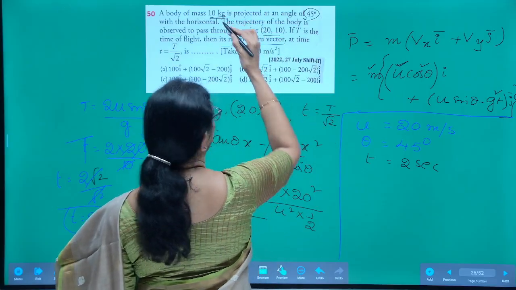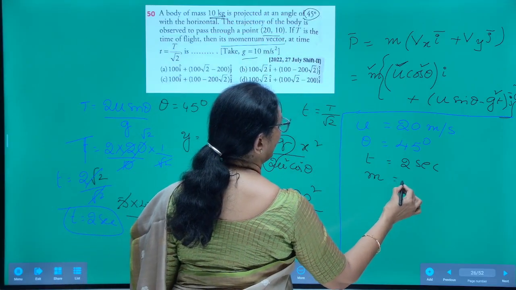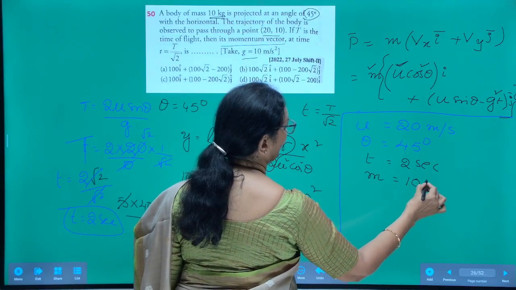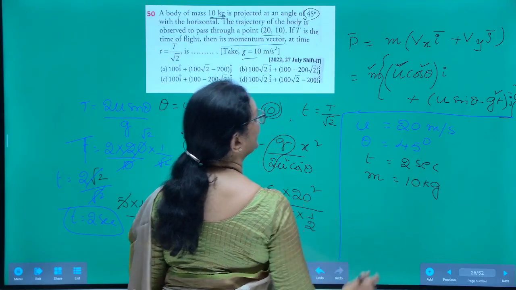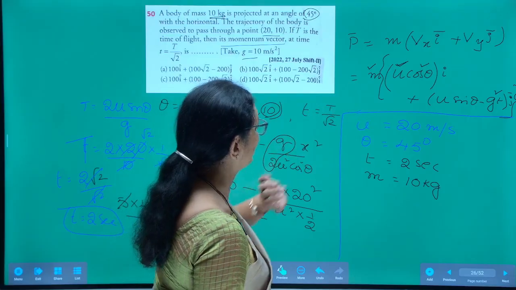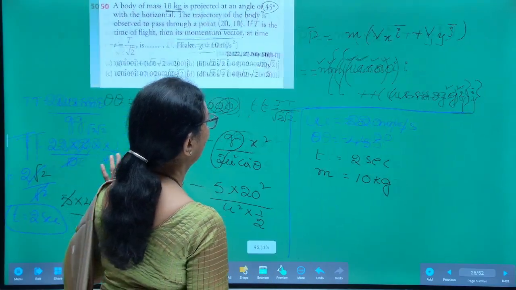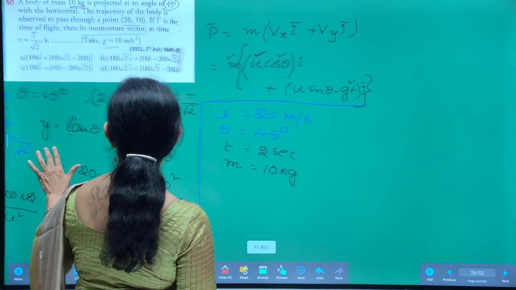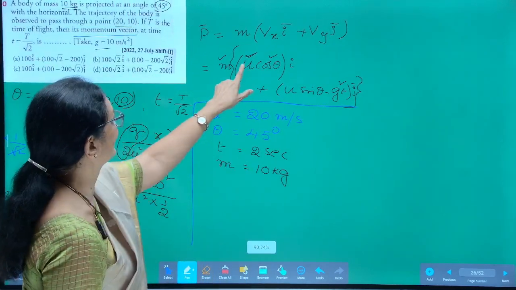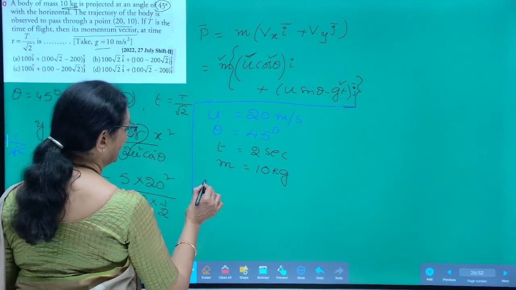Mass of the object is given as 10 kg. You need to just substitute that value in this expression to find the momentum vector. So, let us substitute these values in this expression.